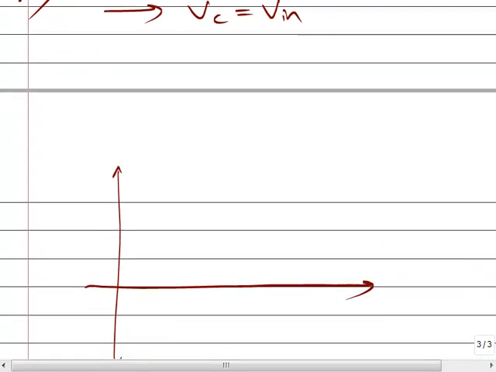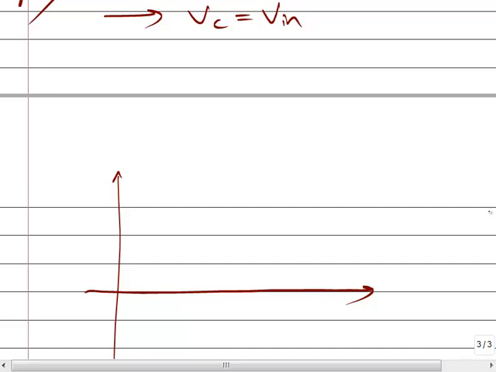But when I measure, okay, when I observe the voltage at VC using an oscilloscope, using a device that draws the shape of the voltage with respect to time, this is my expectation.